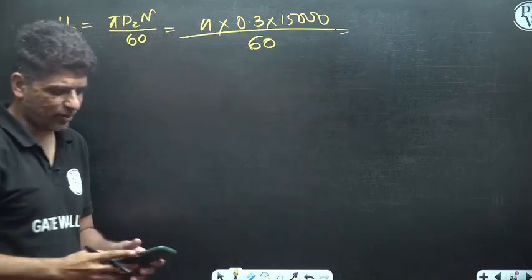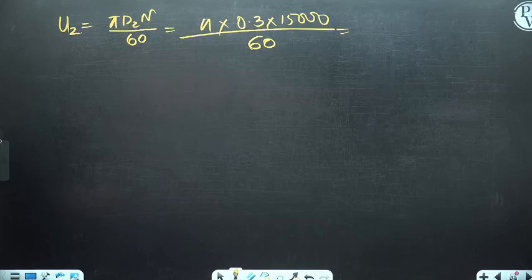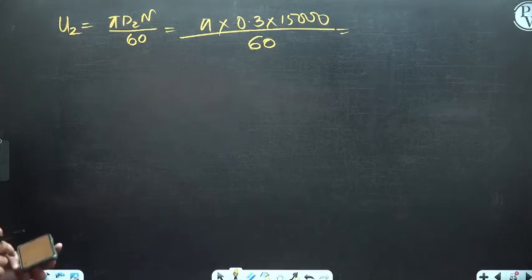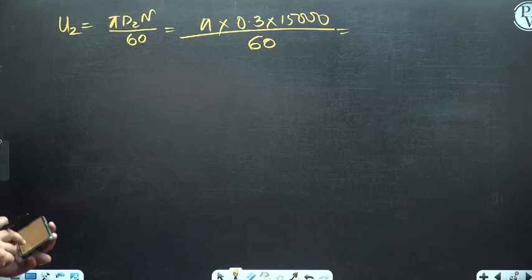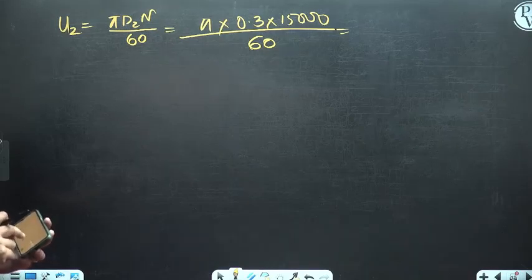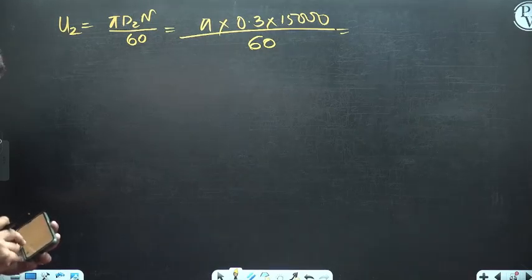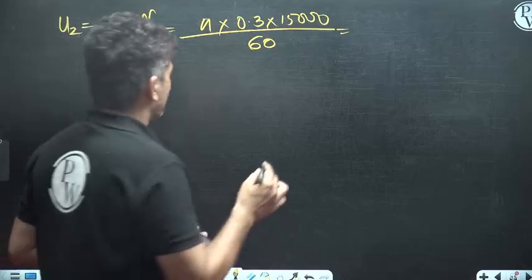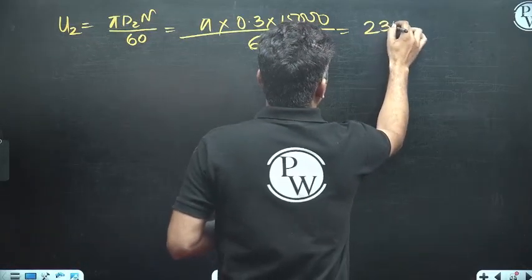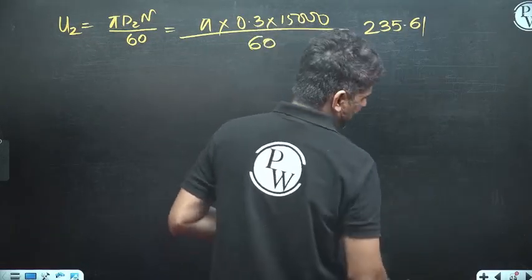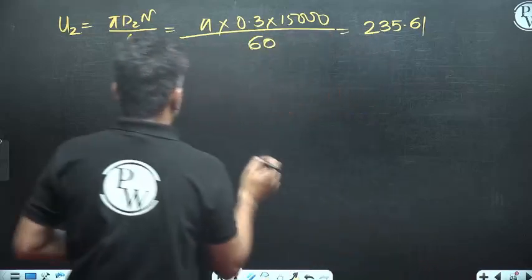How much is this value coming? So this will be pi multiplied by 0.3 multiplied by 15,000 divided by 60. So 235.61. And you can put this value over here.